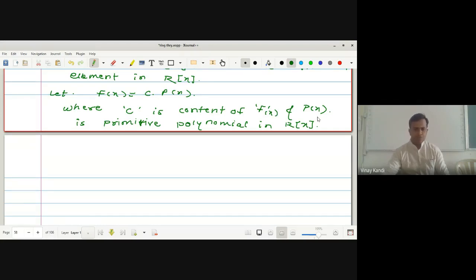By the previous theorem, we can write any primitive polynomial as a product of irreducible elements in R of x.